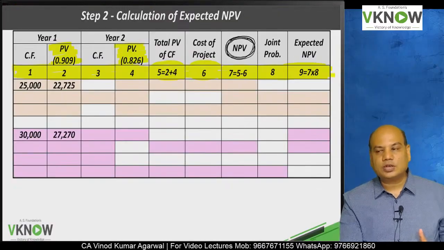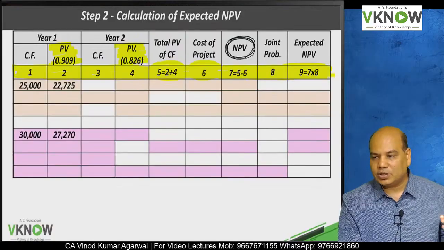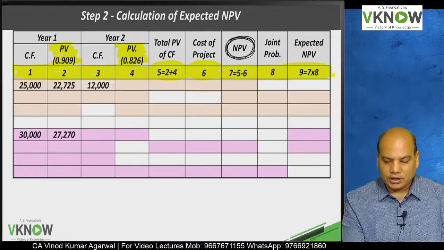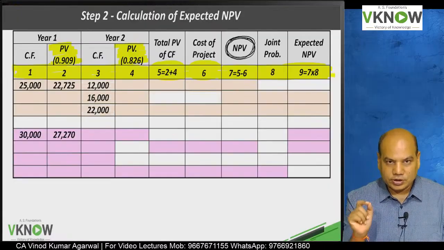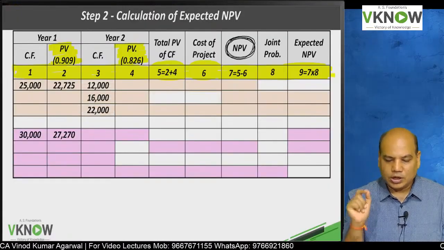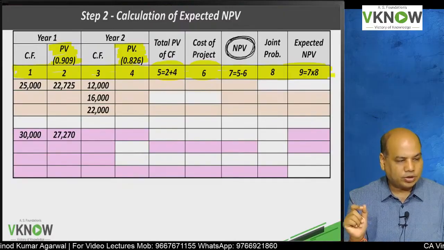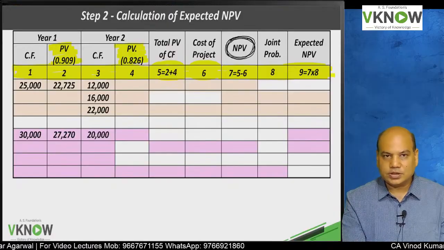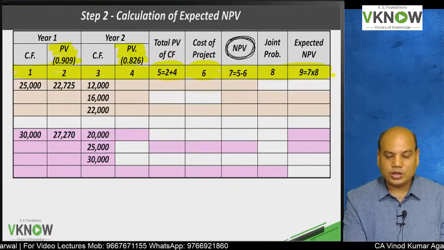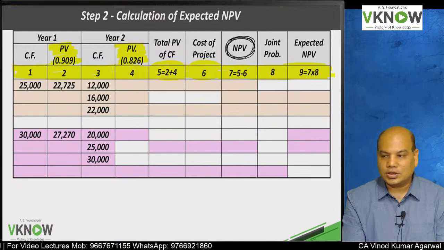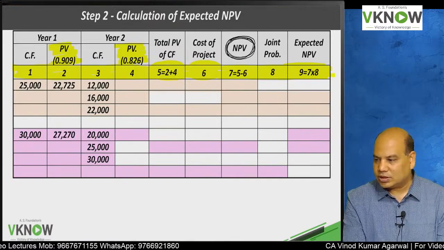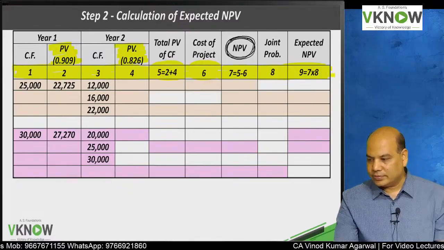This is my first year. Either I will get 25,000 or I'll get 30,000. If I get 25,000 in the first year, I will get 12 or 16 or 22 in the second year. If I get 30,000 in the first year, I'll get 20, 25 or 30,000 in the second year. Is this understandable?